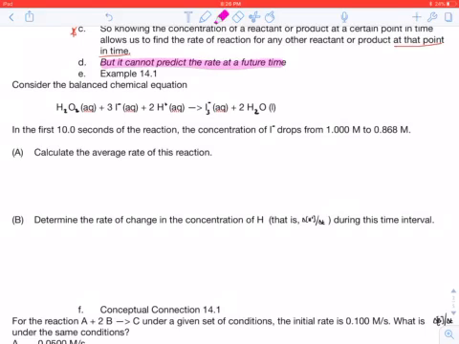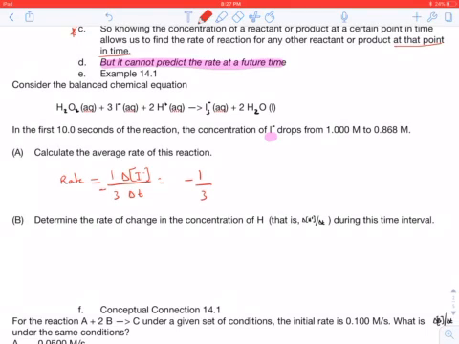So all we're going to do is, we know that's I minus, so we're going to just plug it in and solve. So we know rate equals 1 over 3, and it's going to be negative because it's a reactant, delta I minus over delta T, and we're just going to plug it in.